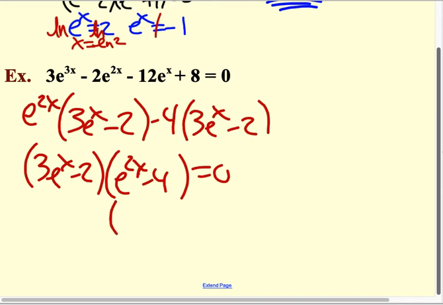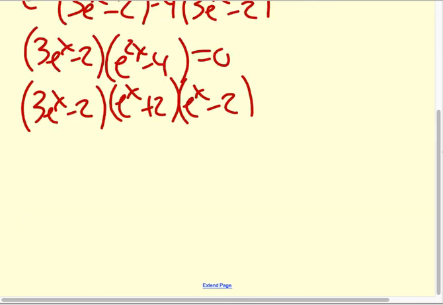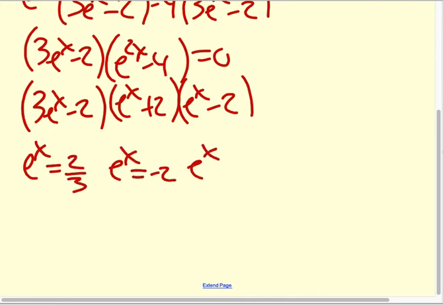Then also this, if you guys think about it for a second, difference of squares, right? So again, you're not done.